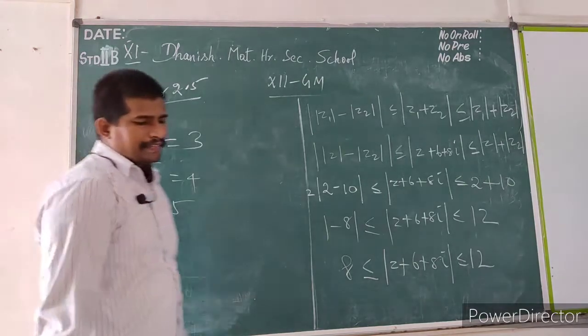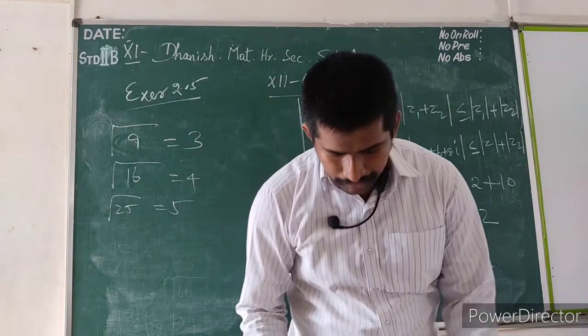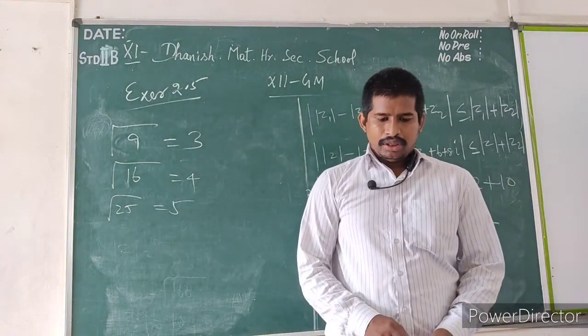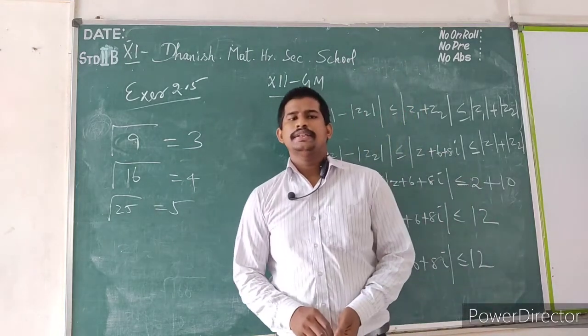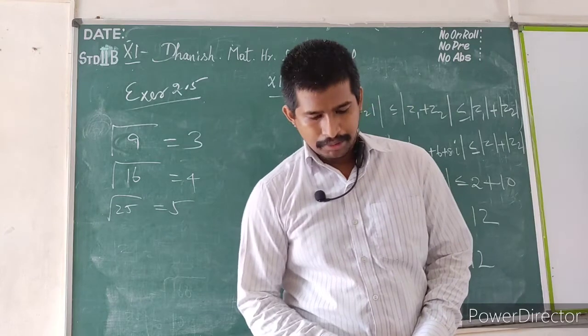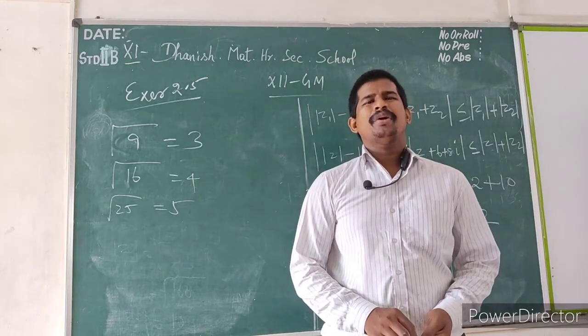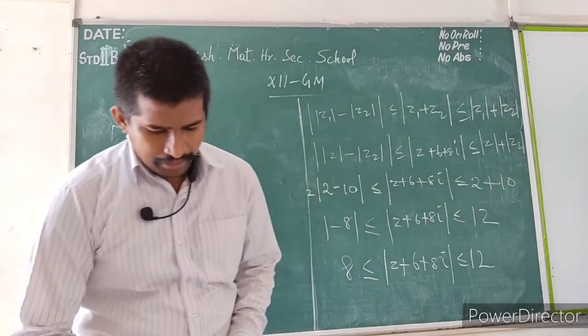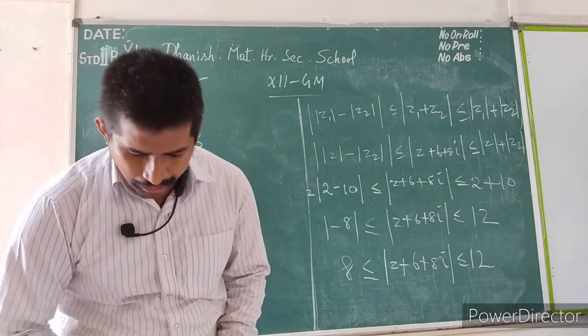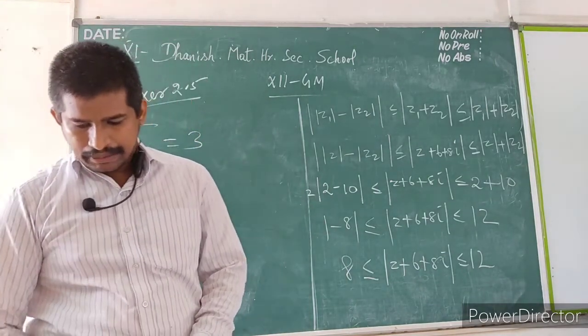For numbers we can find the square root value. Here we are going to learn how to find the square root of a complex number. Here we are going to use one formula, and by using that formula we can easily find the square root of the given complex number.